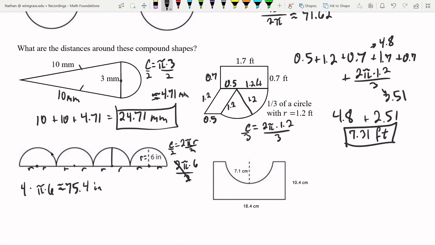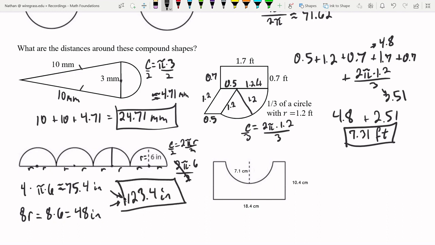Same idea. Since we have 8 of the radius, we're going to have 8 times 6, which is 48 inches. So in total, we're going to have 75.4 inches and 48 inches. And I'm getting a total distance around this shape of 123.4 inches.